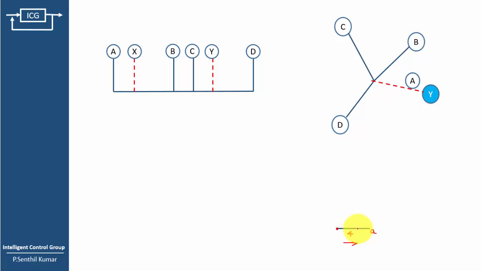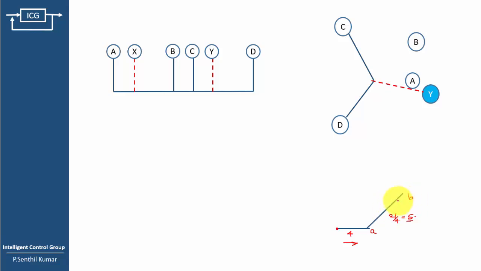Then I am going to move B at the end of line A. B value 21. So 21 divided by 4, 5 point something. So we will mark that 5 point something value here.